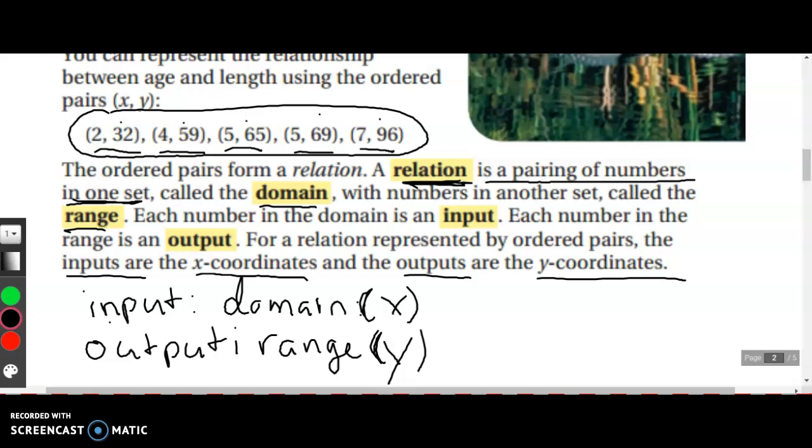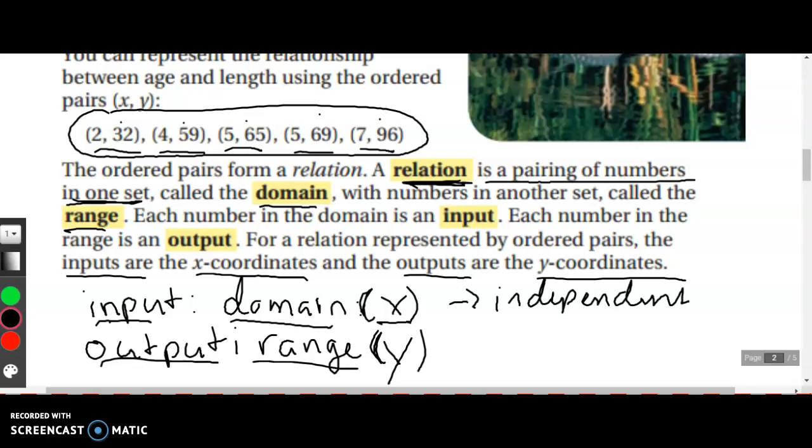Okay, so that's a simple way of remembering it, and I'm going to add one more thing in here because it's part of your Ed Puzzle, but I'm going to add it anyway, and that is that your input, which is your domain, which is your x, is going to be your independent variable, and your output, which is your range, which is your y value, is going to be your dependent. And we talked about that in class, okay?